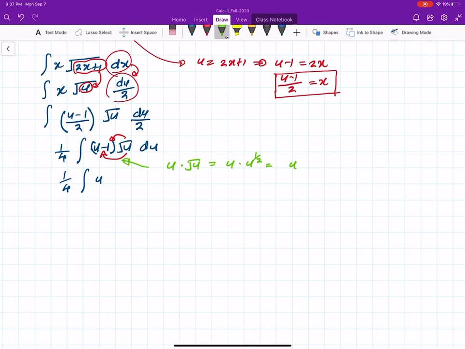That means u to the power 3 over 2. That's clear for you, right? You are just multiplying this with that. Instead of multiplying, you just add the powers. Here the power is 1, the other power is half. 1 plus half is 3 over 2.